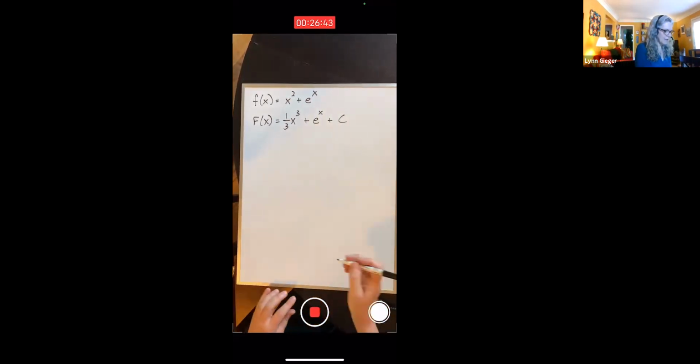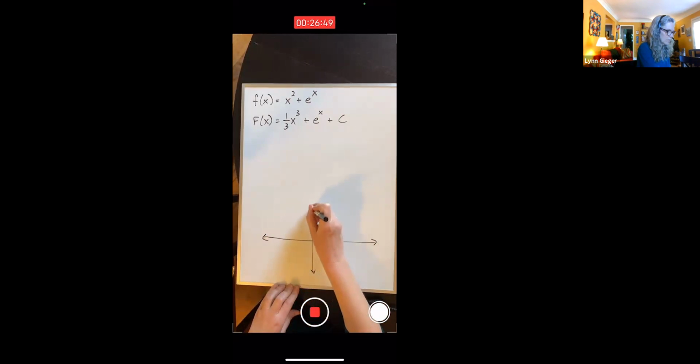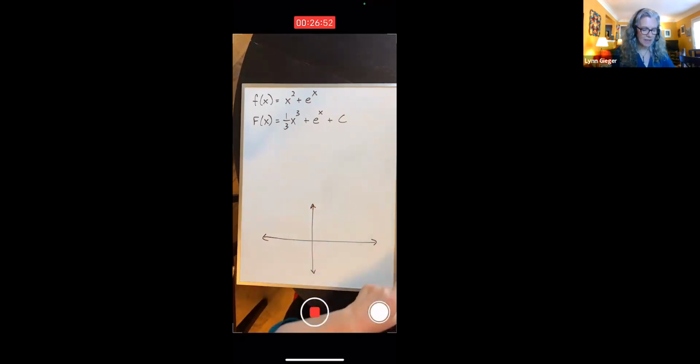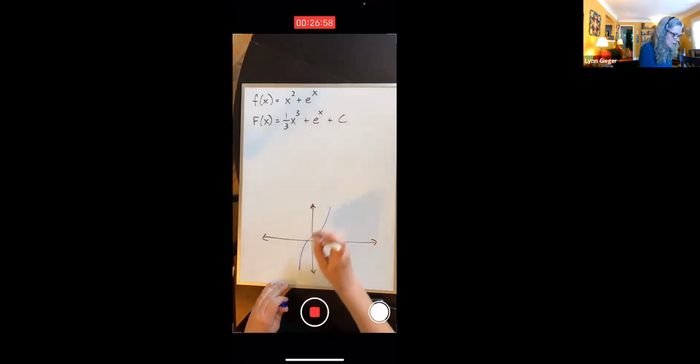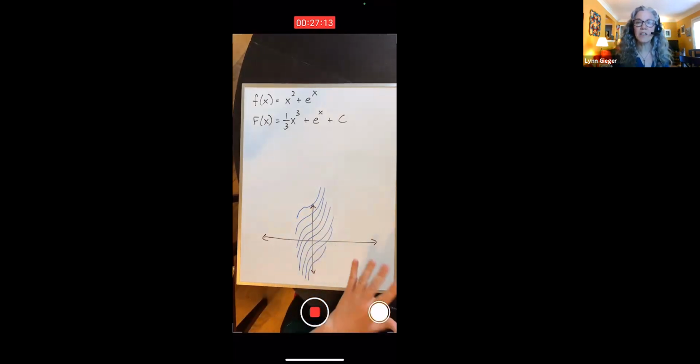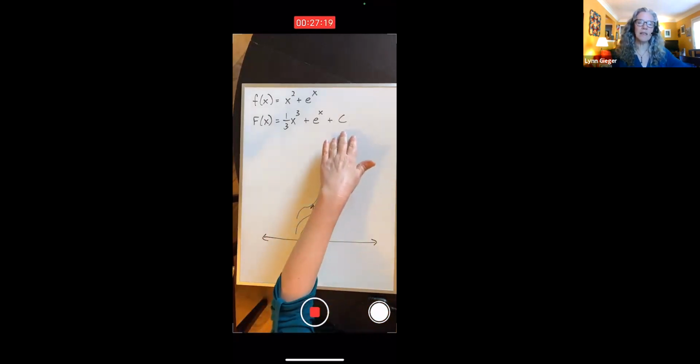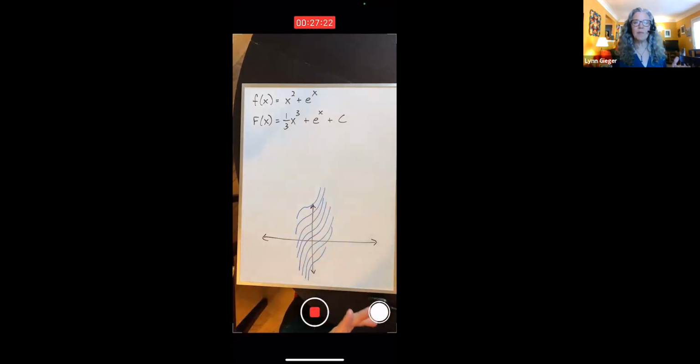Now, very roughly sketched, what it would look like to have these infinite number of families is to have a whole bunch of functions that are all parallel to each other. They're never going to touch each other, and which one of these you would pick depends on what the plus c is. So if you ever want to find the plus c, you have to be given another piece of information, something like this.